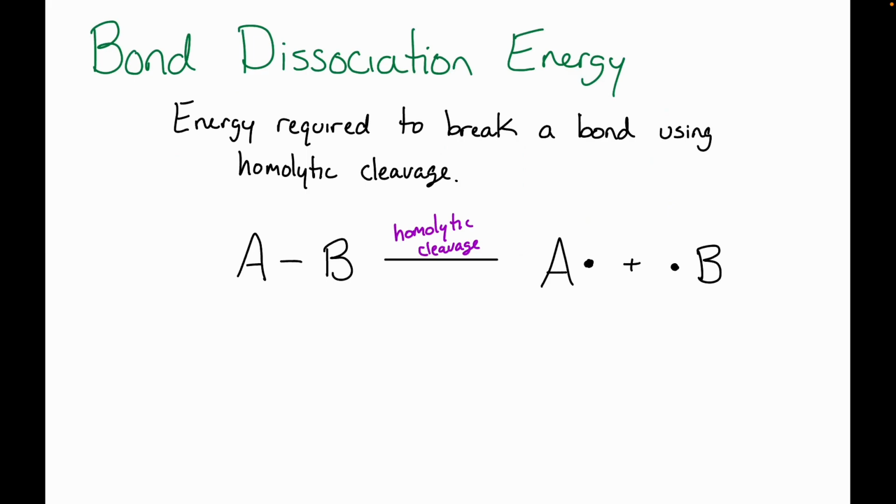So an even 50-50 split of that bond that used to be shared between the two. What do we call these unpaired electrons? Does anybody remember? We talked about it first when we were talking about mass spec. Yes, exactly. These are called radicals.